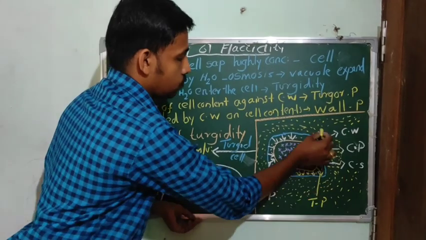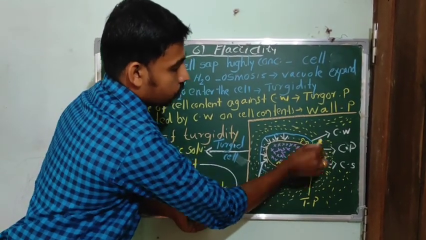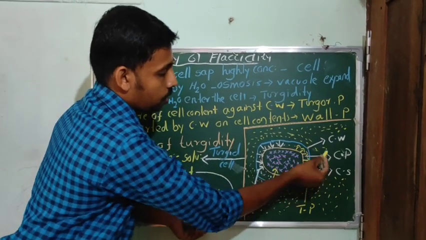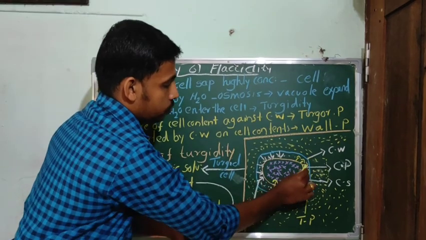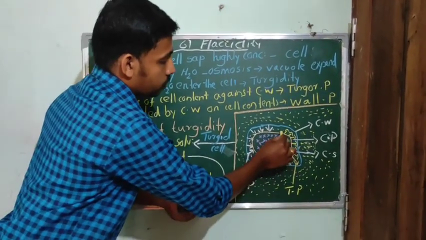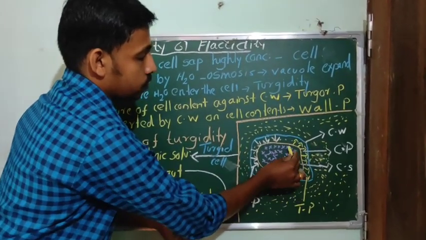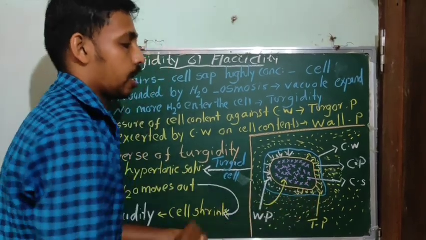So this is water. Here this is the cell wall. Then this space is called the cytoplasm. Then this one is the vacuole, and in the vacuole we can see the cell sap.